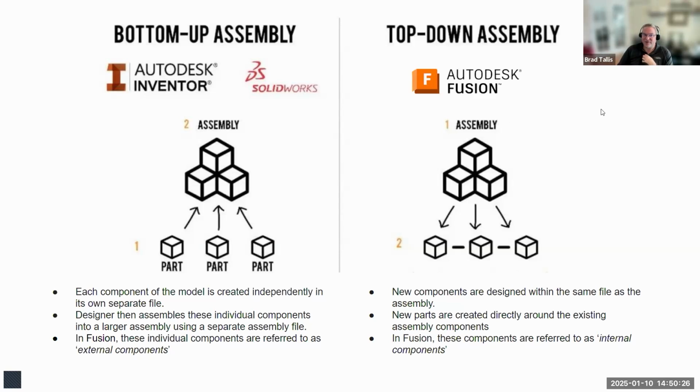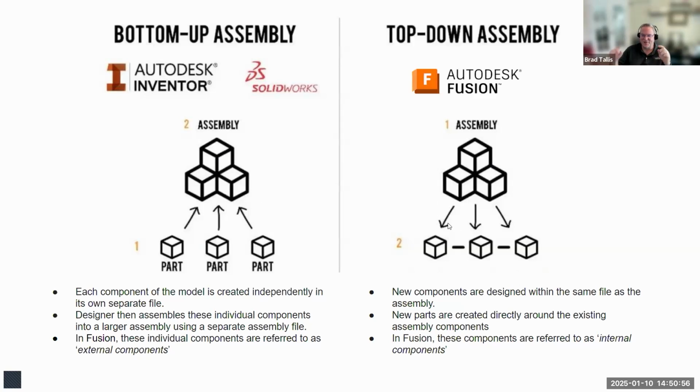The top-down assembly advantages: it offers rapid design iterations and quicker prototyping. You don't have to worry about all of the interrelationships. You can build new components while considering the rest of the assembly, ensuring proper fit and alignment with the existing parts. And this is huge. When I was in federal aerospace and defense, I went to all the big customers.